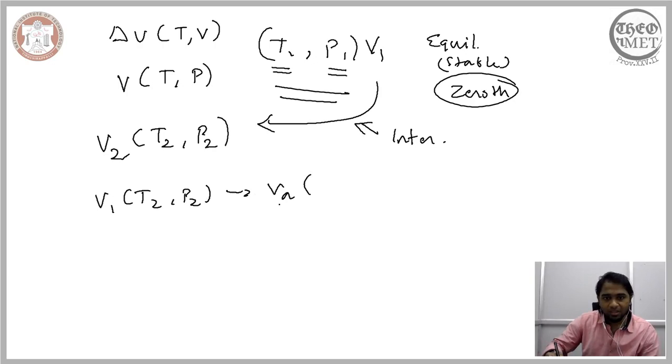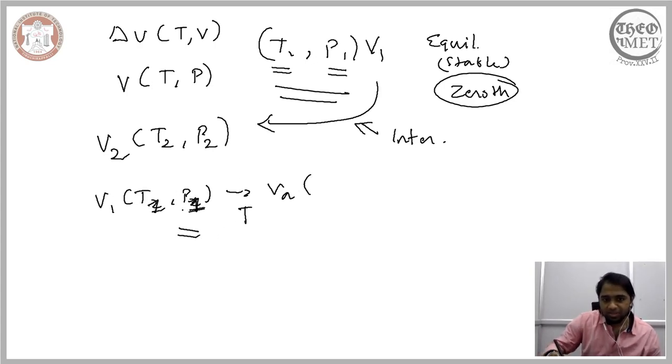So we take a detour: instead of moving from V1 to V2 by changing both temperature and pressure simultaneously, we consider an intermediate step. To arrive at this intermediate step, we change the pressure alone and ensure the temperature is constant.